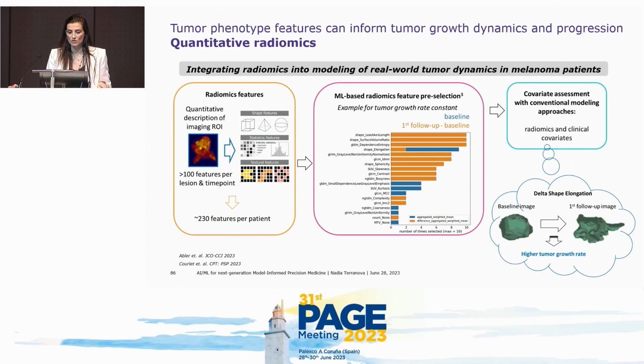So this was a small study, a proof of concept, but it was also interesting to see the relevance of these novel biomarkers, and in particular, radiomics features related to heterogeneity in tumor shape or texture, be related to higher growth rate.